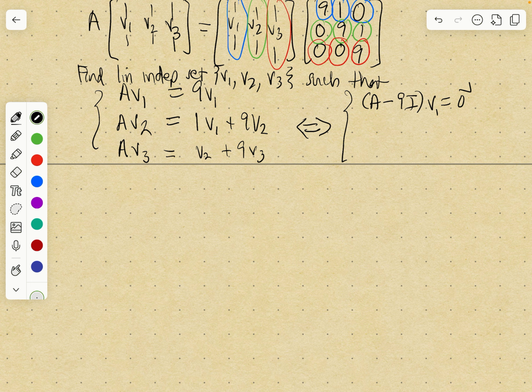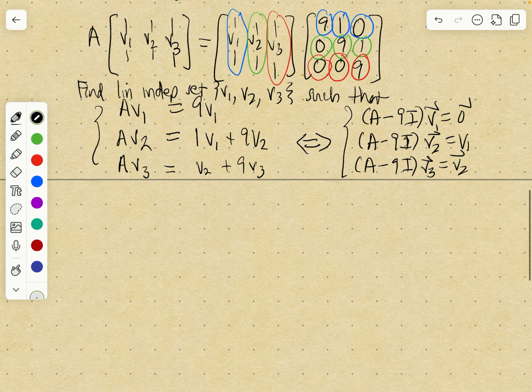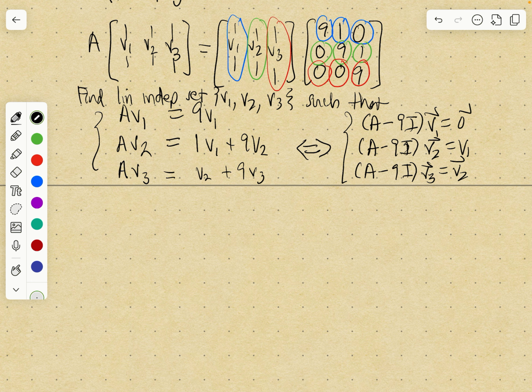And we can subtract 9v2 from the second equation to get (A minus 9I)v2 is v1. And from the third equation, take away 9v3 and get (A minus 9I)v3 is v2. So you see, we really just need to work with A minus 9I.